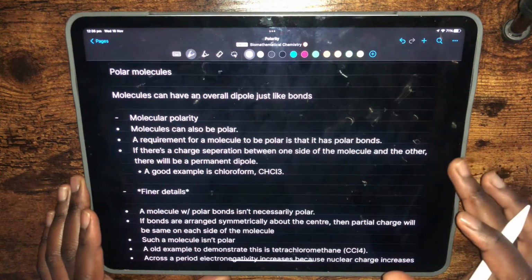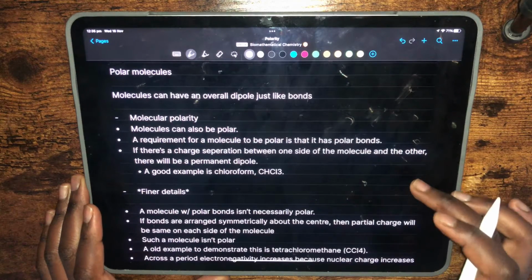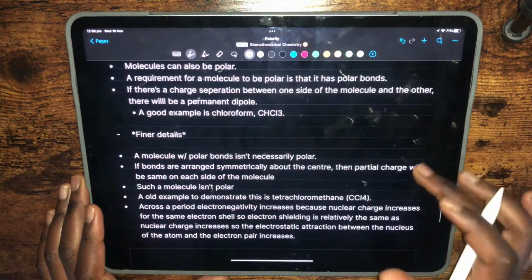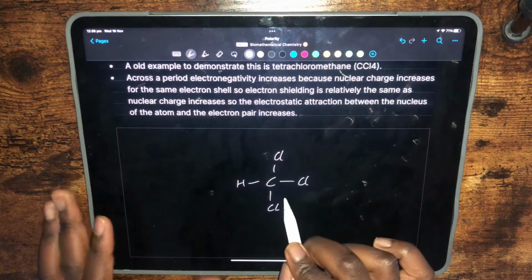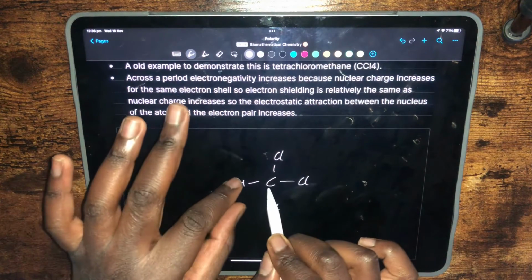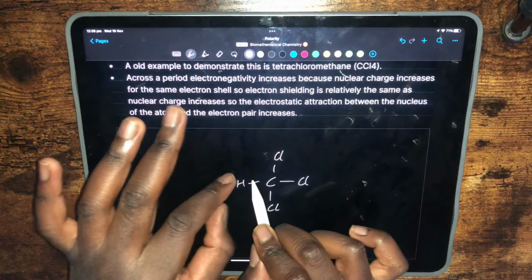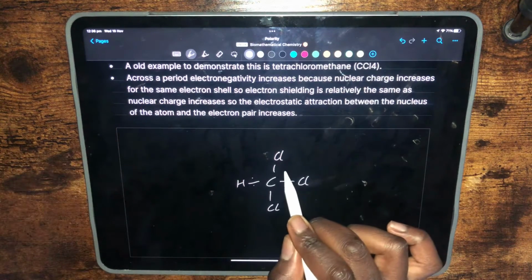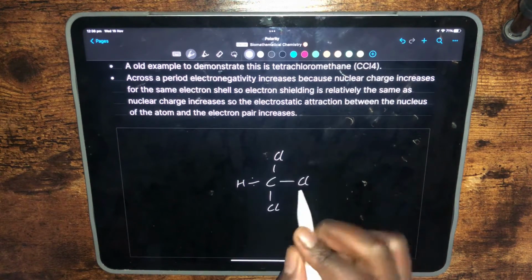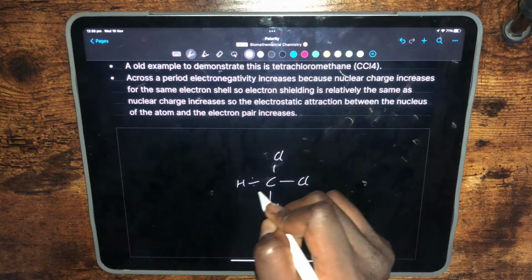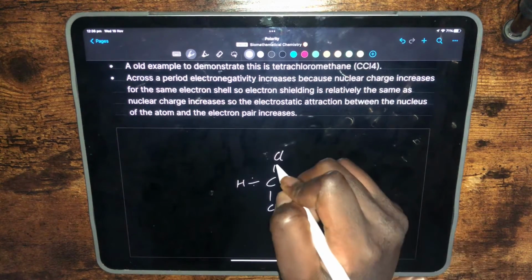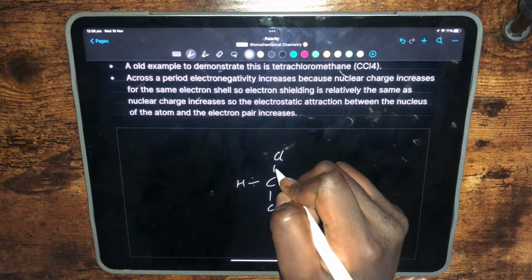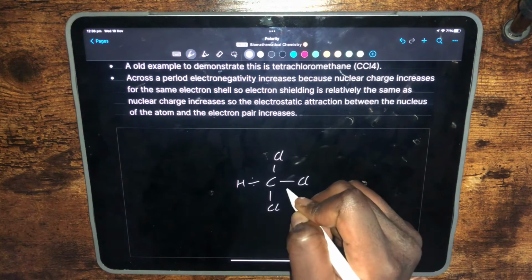There's a difference in the polar bonds, and you can see there's a clear charge separation. This part isn't that electronegative, so the bond is relatively weak here. But with chlorine, you have four bonding pairs on all four sides of this carbon.